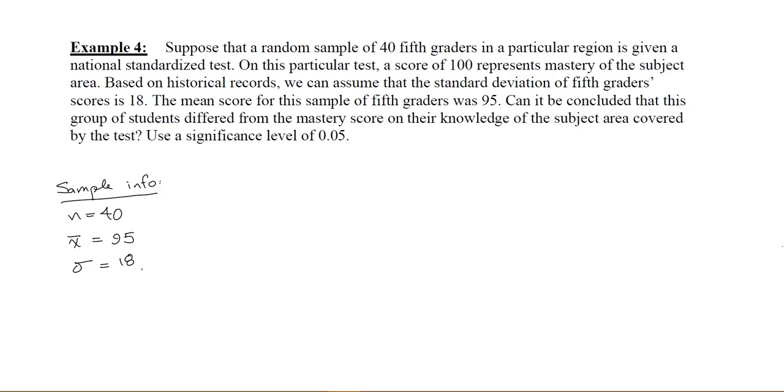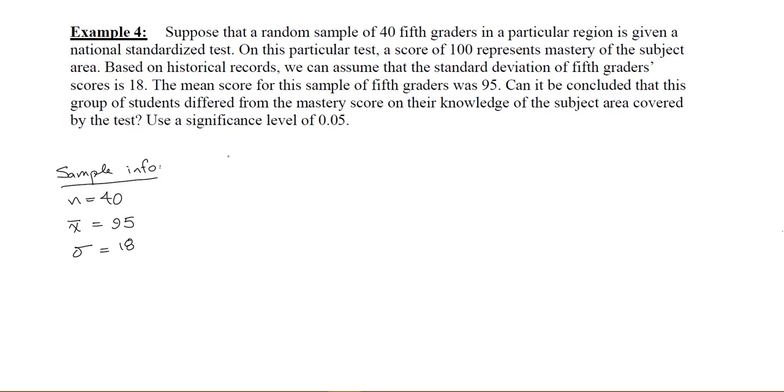Okay, so now our next thing is to write down our hypotheses. And I tend to organize my work into 6 little boxes, either across or down, whatever works for your space. So next thing I want to do is write down my hypotheses.